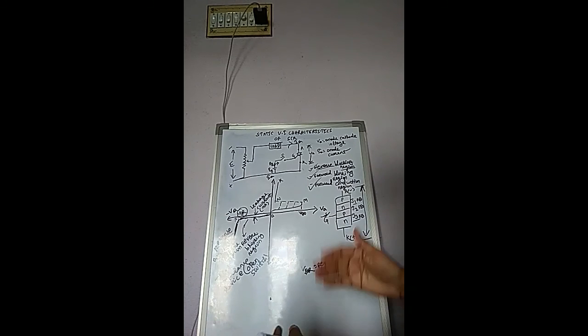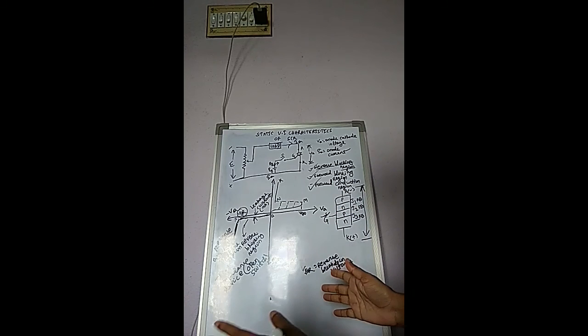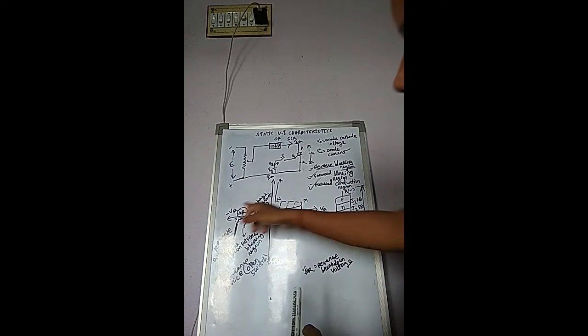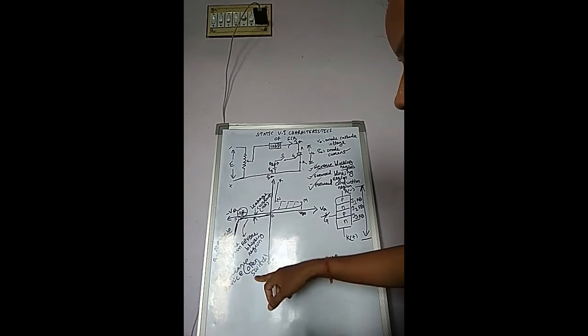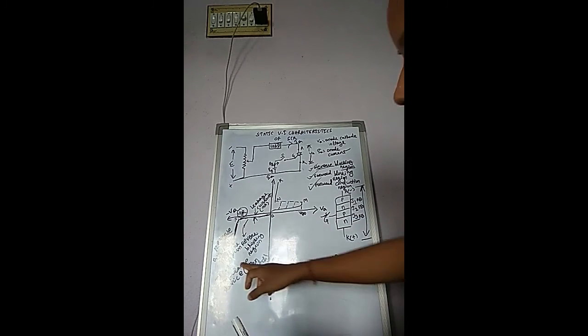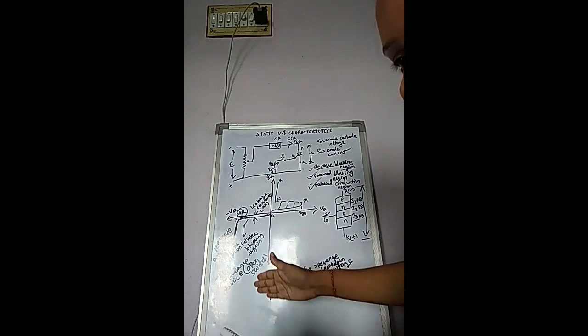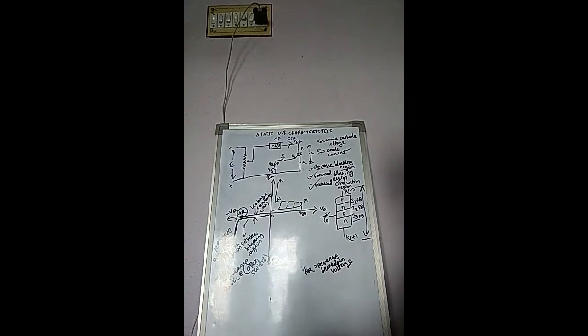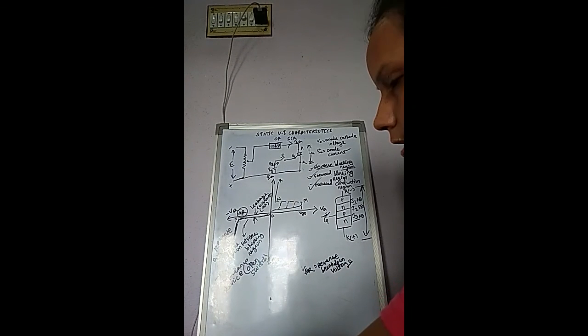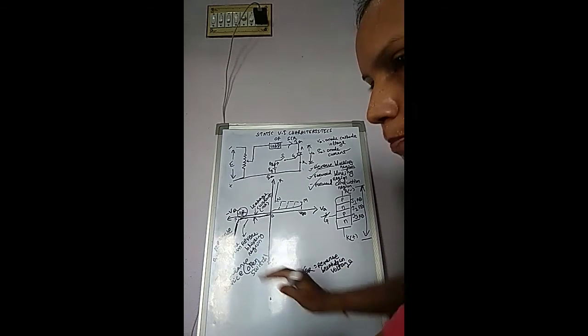By opening it performs one operation, by closing it performs another. In this part of operation the SCR acts as a high impedance device or open switch. High impedance means it will not allow any flow of current. Understood up to this point?